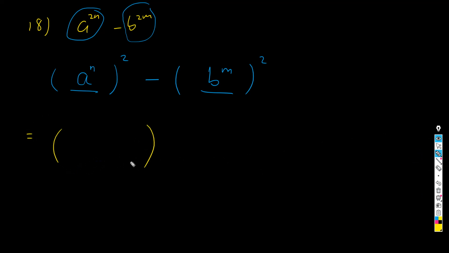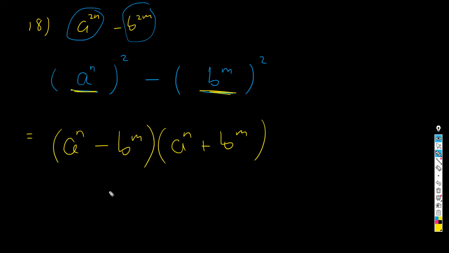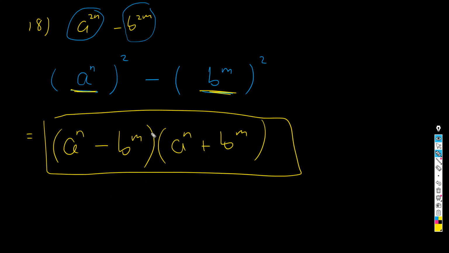So one conjugated binomial times the other conjugated binomial. And the conjugated binomials are formed with these two numbers. So let's go right ahead. a to the n minus b to the m times its conjugated binomial. And I'm done. Again, if you want to make sure, you just have to multiply these two conjugated binomials like we know, and you will be getting that stuff.